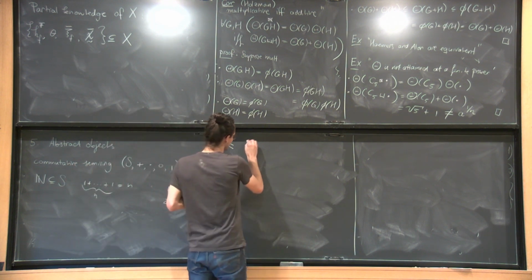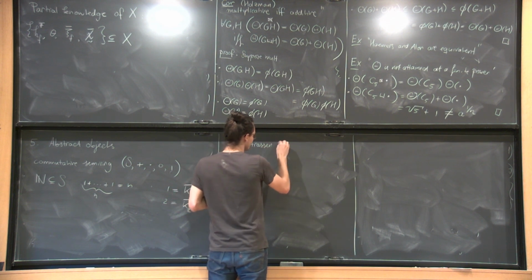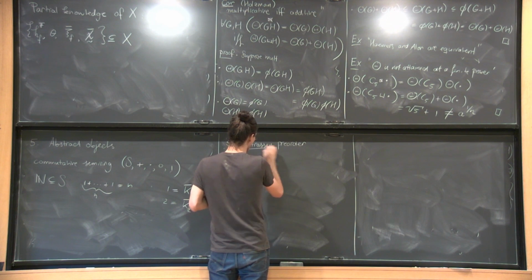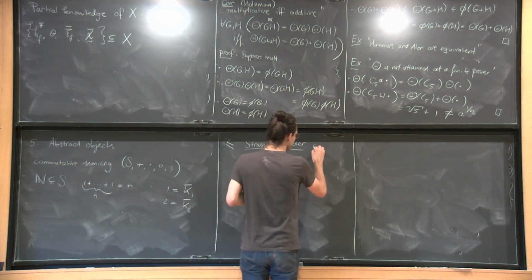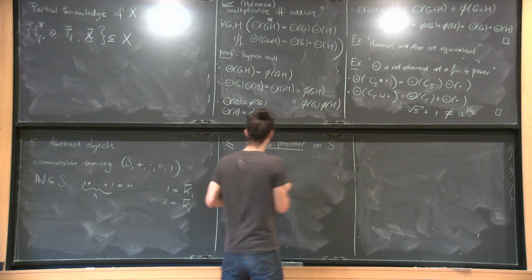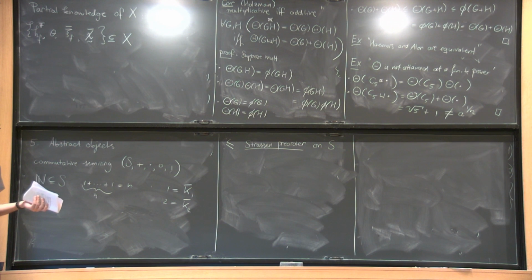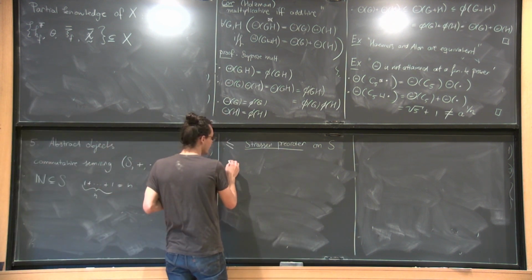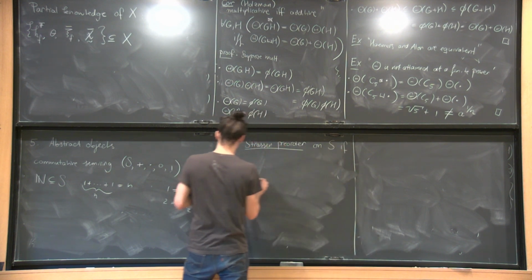So let me call this a Strassen pre-order on S. It's a pre-order, meaning it's a relation that's reflexive and transitive. And moreover, it satisfies the following 3 properties.